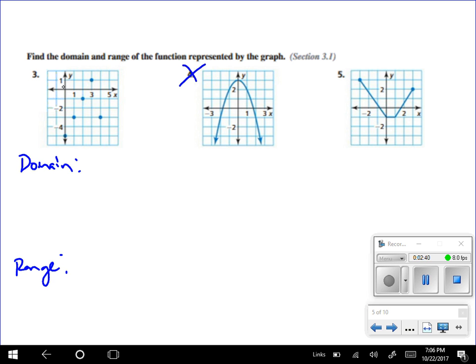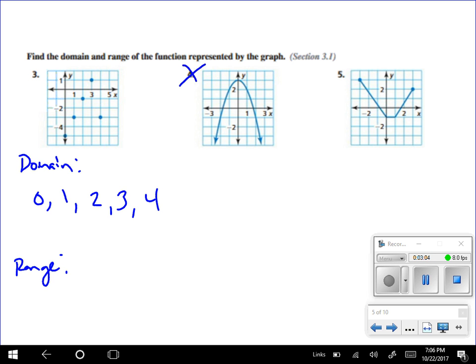So our x values here are 0, 1, 2, 3, and 4, because this is 0, -5, 1, -3, 2, -1, 3, 1, and 4, -3.